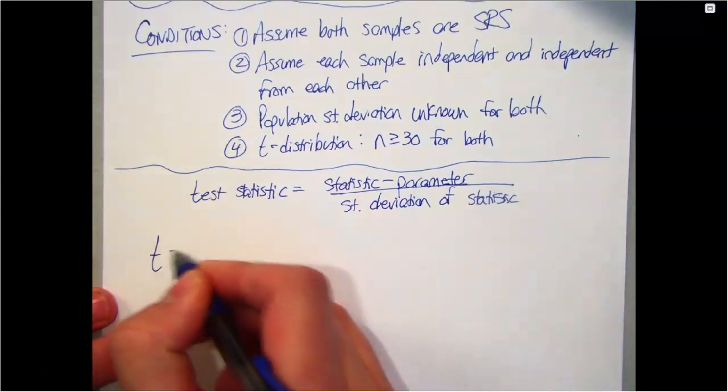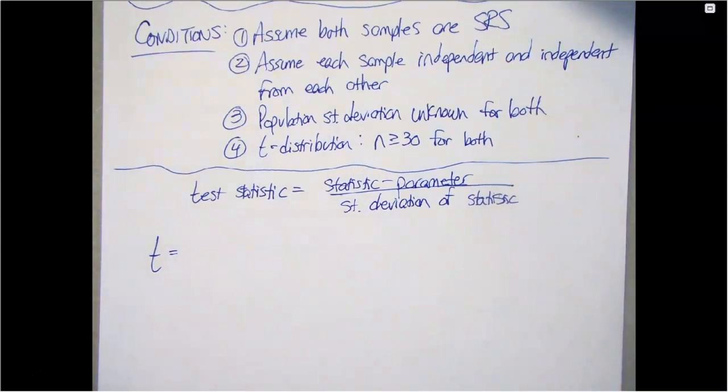So your test statistic is t. And then what you're trying to do is compare the difference between these to 0.